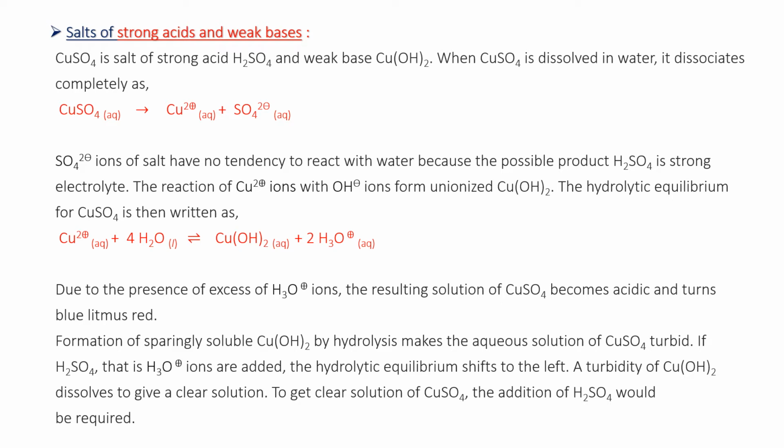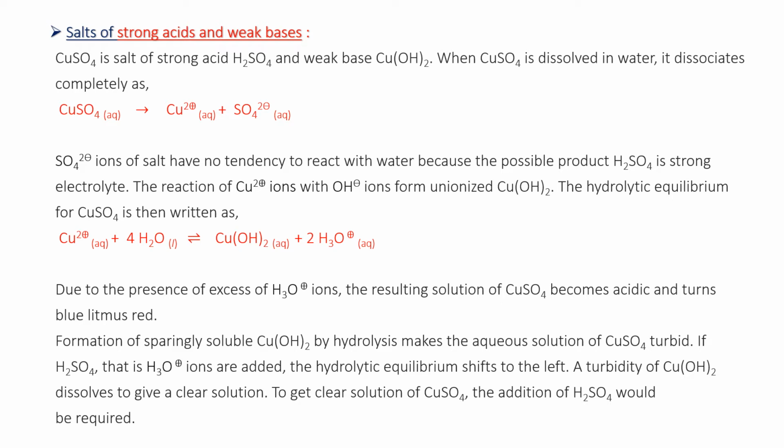Meaning, copper sulfate in water gives a turbidity, and if you add H2SO4 to that, your equilibrium shifts to the left. In this case, the Cu(OH)2 which is formed and which gives the turbidity to the solution now dissolves in that excess of H2SO4 and you get a clear solution.